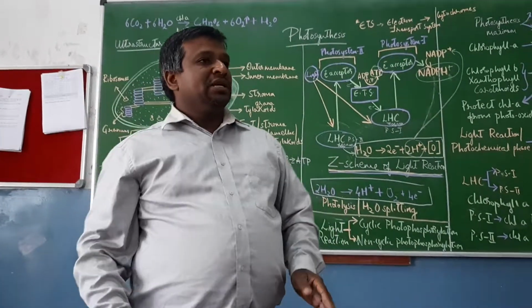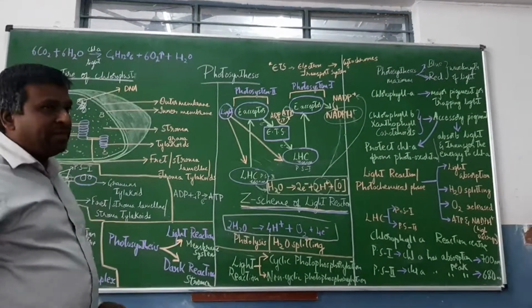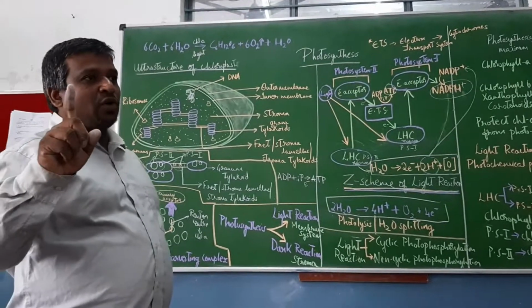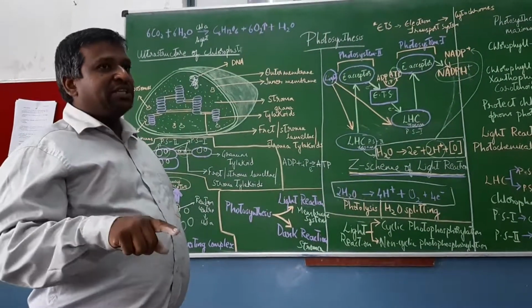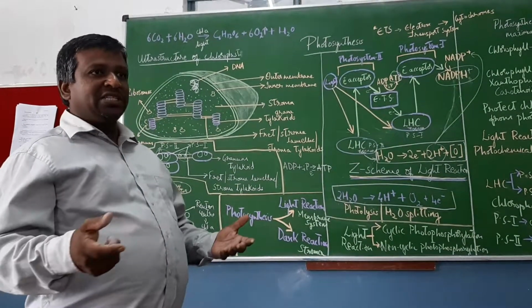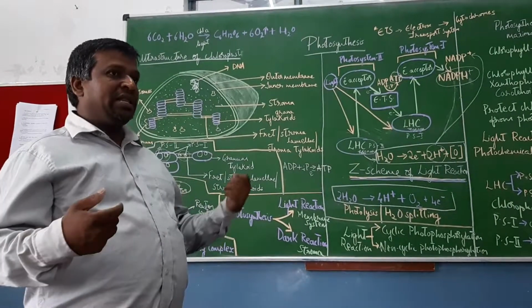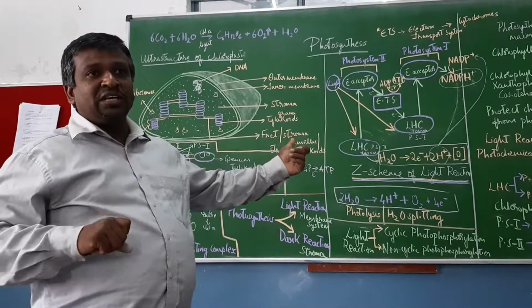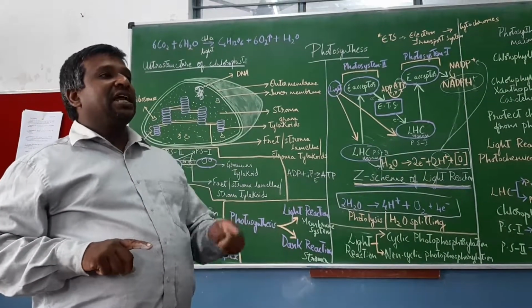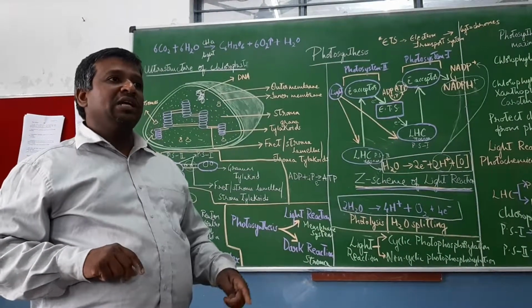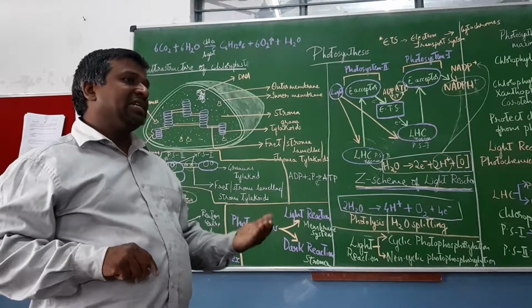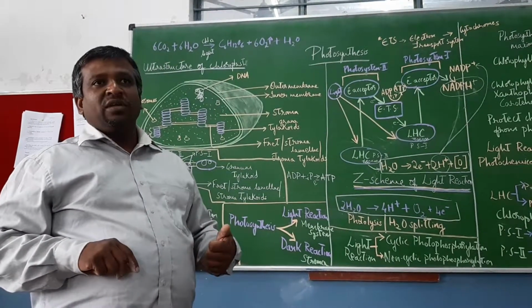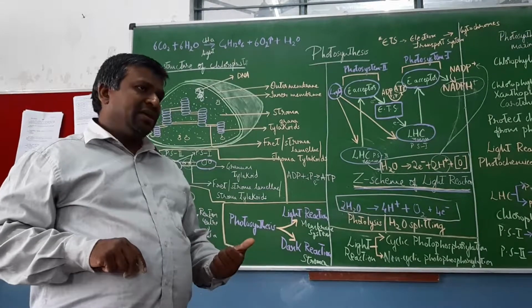So remember this. That completes our discussion about the ultrastructure of chloroplast, light harvesting complex, reaction center chlorophyll A, photosystem 1, photosystem 2, and non-cyclic photophosphorylation. In the next class we will discuss cyclic photophosphorylation. Then we will also discuss the formation of ATP, chemiosmotic theory.